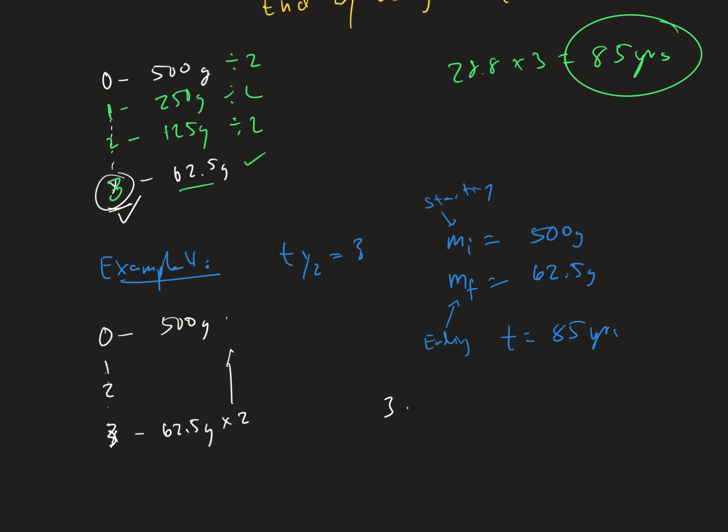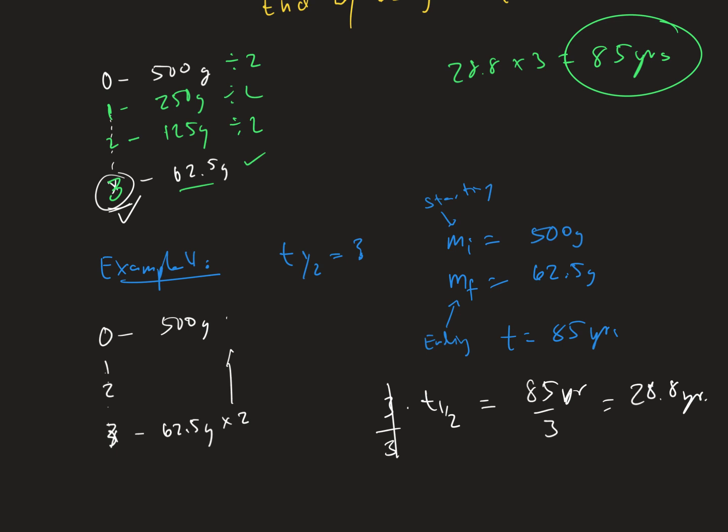So 3 half-lives is equal to what? 85 years. You with me? So we divide by 3 this time, and that's going to give us 28.8 years.